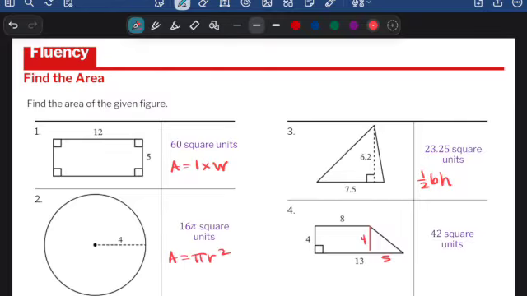Or if you remember the formula for area of a trapezoid, it is 1/2 times the sum of the bases times the height. So if we plug those numbers in, we can just use 13 plus 8 times 1/2 times 4.